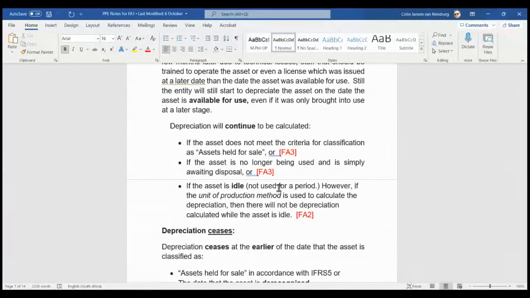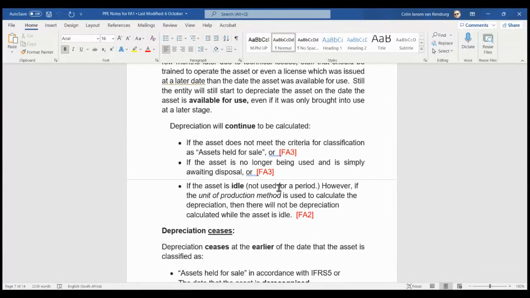It should actually continue. As we'll see later, when it comes to the unit of production or usage method, the opposite applies automatically because of its very nature. The depreciation process will pause when the item is idle for a little while.